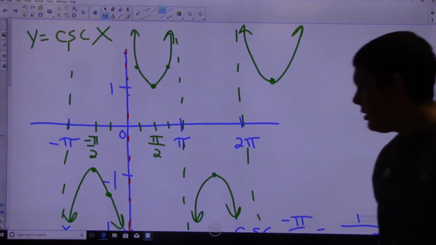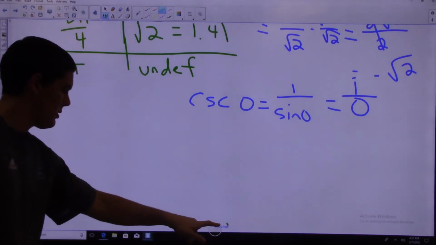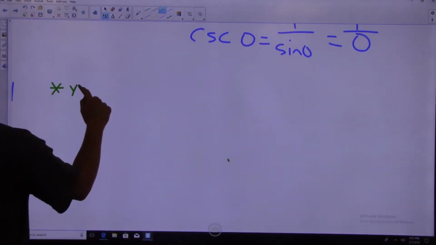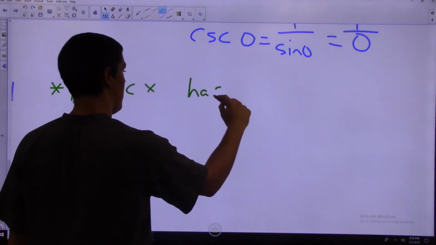So, a couple things to write about cosecant. Cosecant has no zeros.